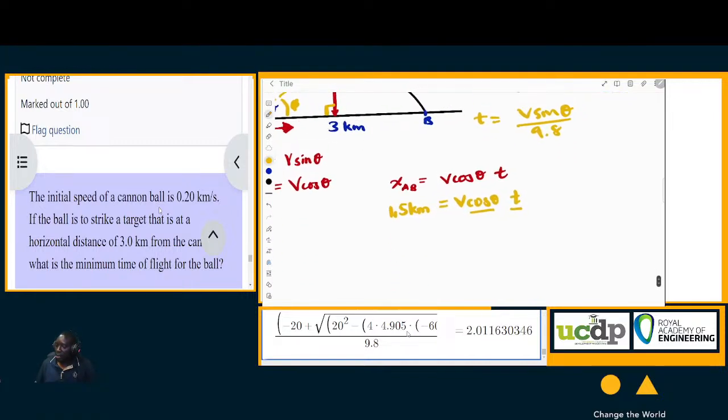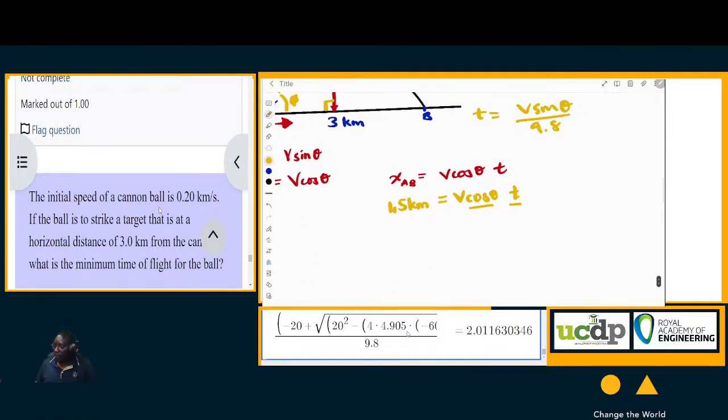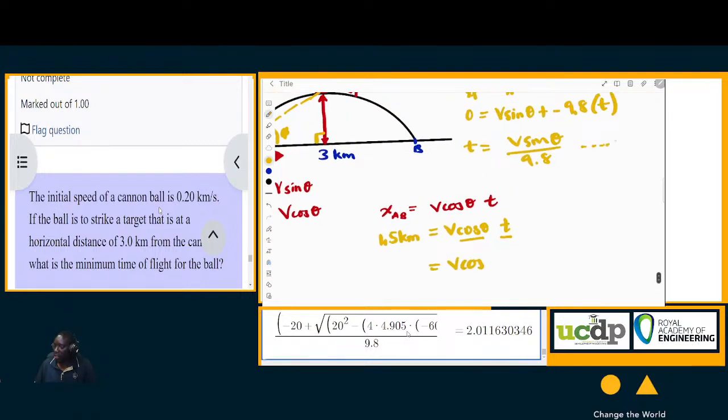So if we plug in for T here, we've got V cos theta. This is our equation 1, this is our equation 2.